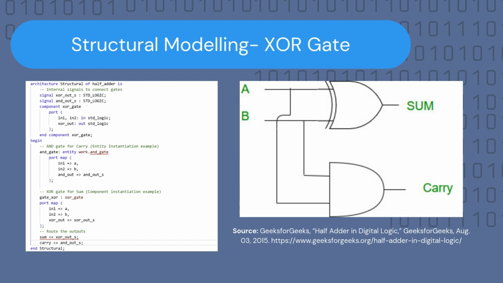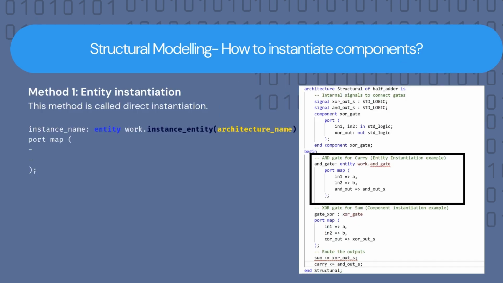Let's start with the first method, which is the entity instantiation example. And this is the shortest type of instantiation, where to instantiate this entity of AND gate, we needed to name this component instantiation as something. And in our case, we named it AND gate.